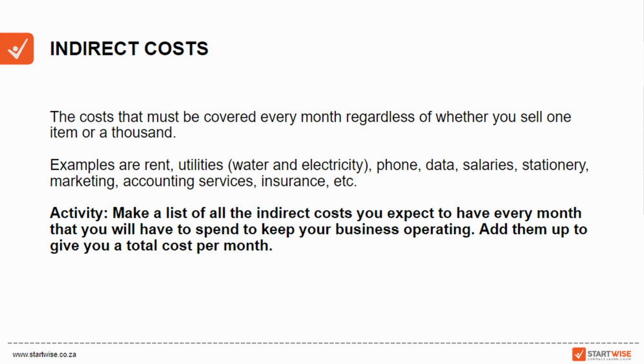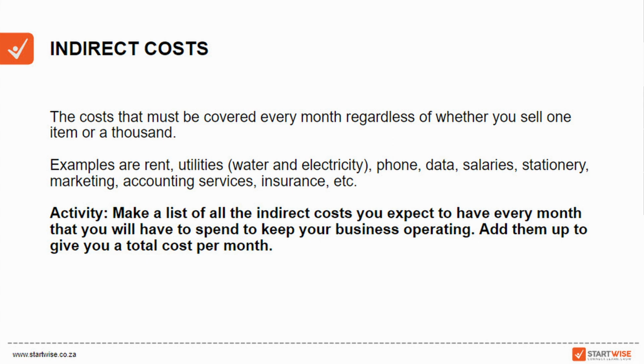These are costs that must be covered every month, regardless of whether you sell one item or 1,000 items. Examples of indirect costs are rent, your electricity and water, your phone bill, the data you need to buy, salaries you need to pay, like for example, earlier I used the admin lady, stationery, marketing, accounting, insurance.